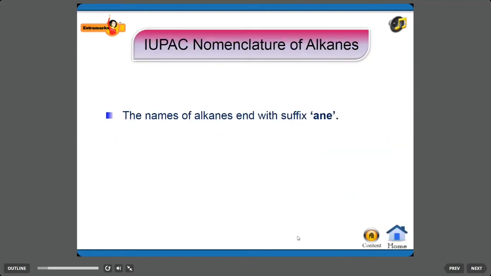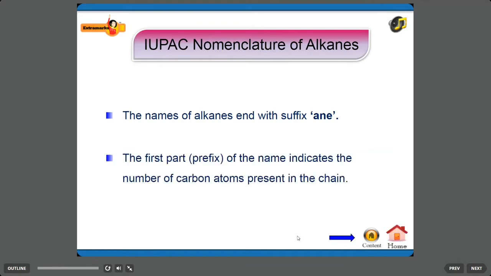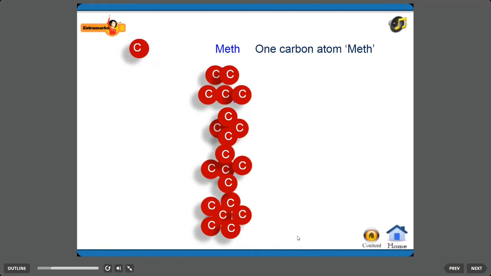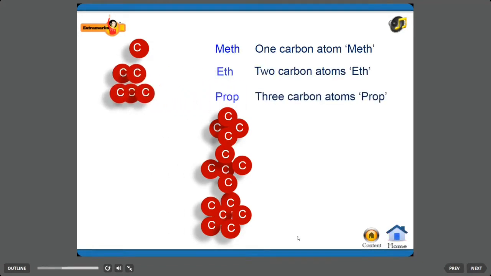Moving on, we will learn how to write the IUPAC names of alkanes. The names of alkanes end with suffix -ane. The first part, that is prefix of the name, indicates the number of carbon atoms present in the chain. Here you can see meth is used for representing one carbon atom chain, eth for representing two carbon atoms chain, and prop for representing three carbon atoms chain.